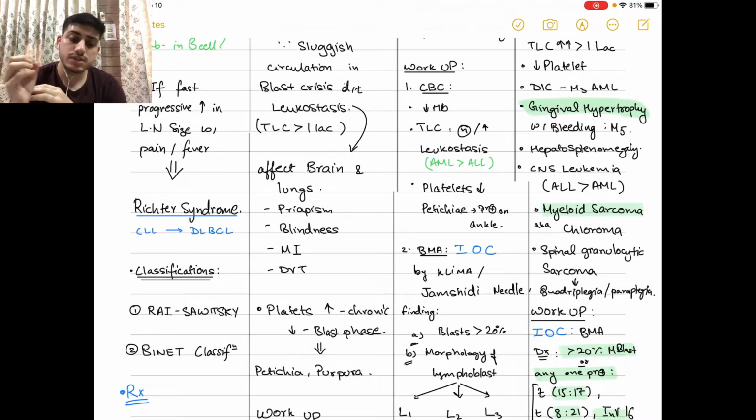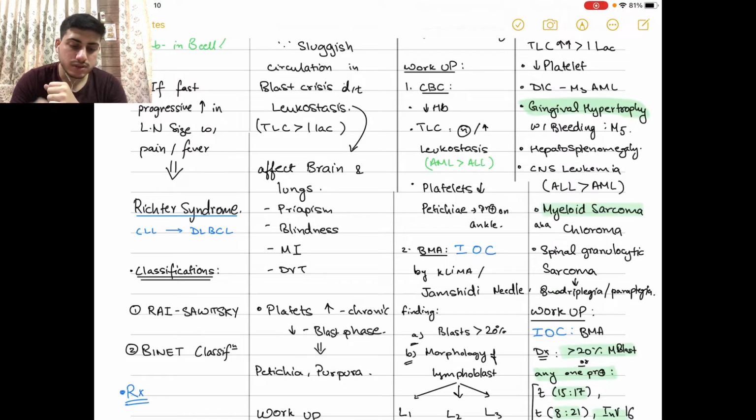So there is a thing called Richter syndrome. Richter syndrome is when the lymph node size suddenly increases. It's not a gradual increase like day by day or week by week. Suddenly you will feel there is an increase in size of the lymph node, and not only that, it will have symptoms with it like fever and pain in that area or the lymph node.